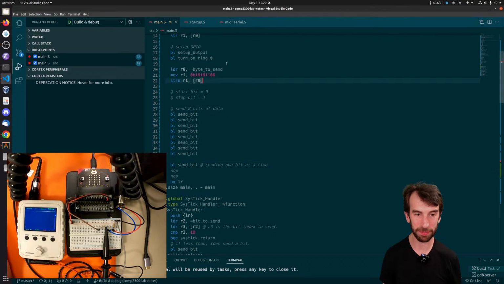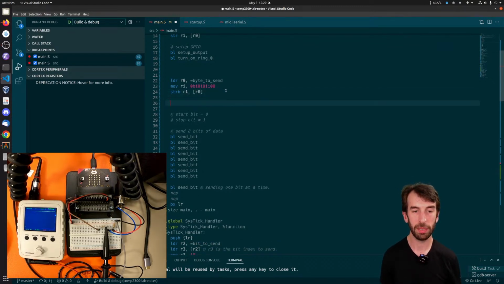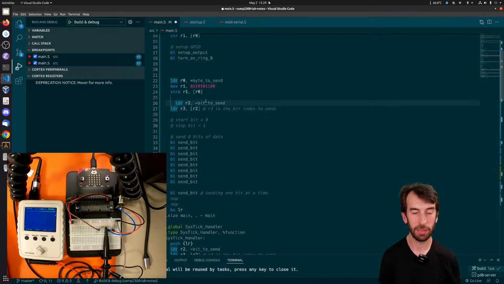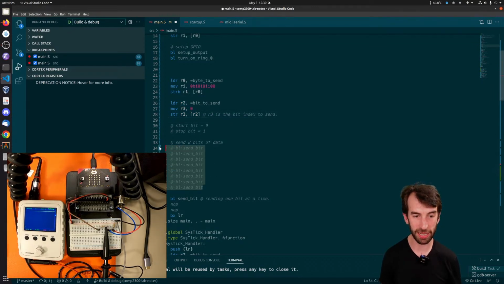So suppose we set up our bit to send as well, LDR R2 bit to send, and mov R3 0, store R3 R2. This should send our message without us having to do anything.